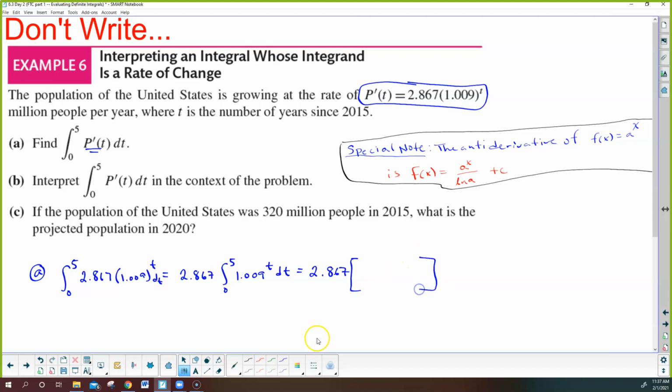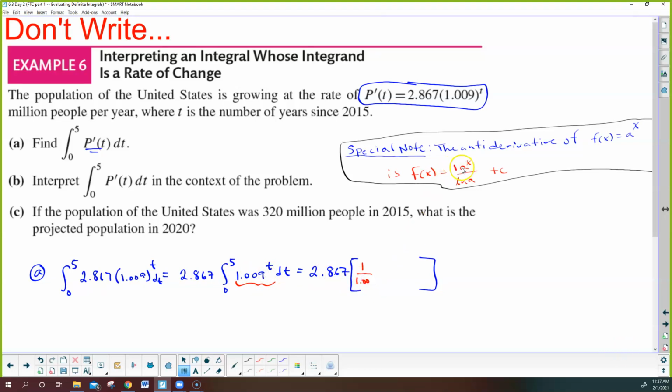But watch what happens. I'm going to do the antiderivative of this piece right here. It's in the form of a to the power of some exponent, and its antiderivative is the exact same thing except we times by 1 over ln of the base. And the base is 1.009.